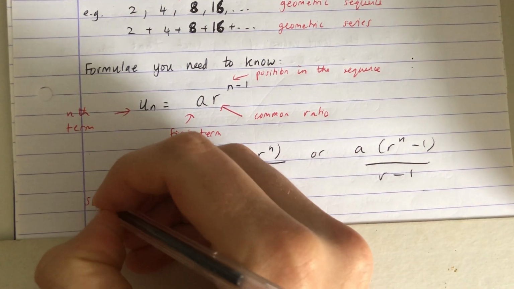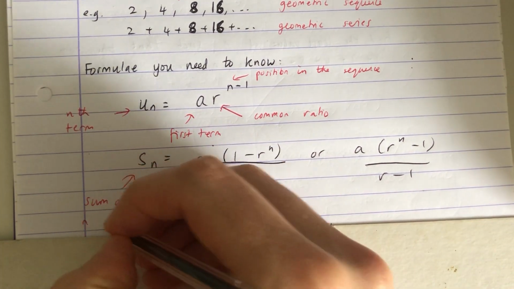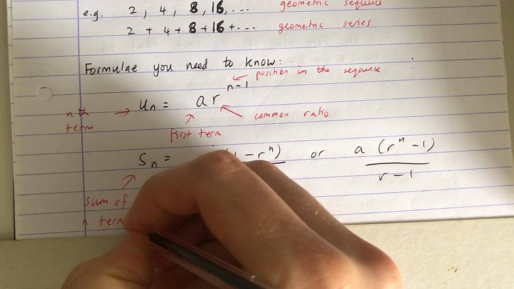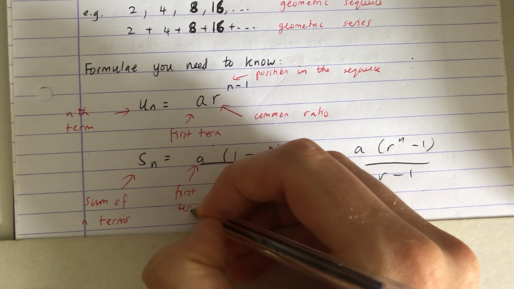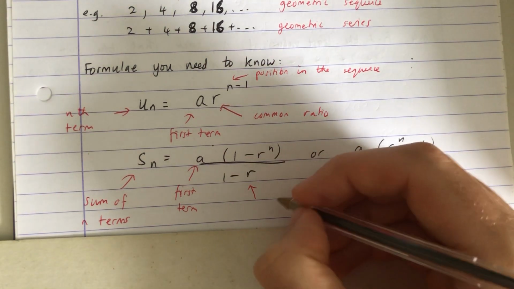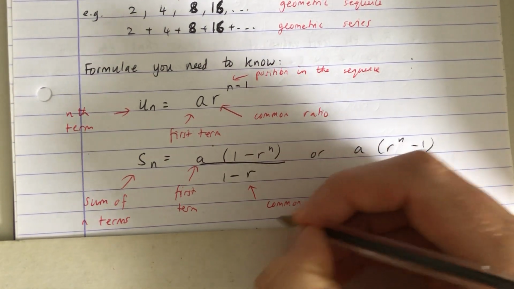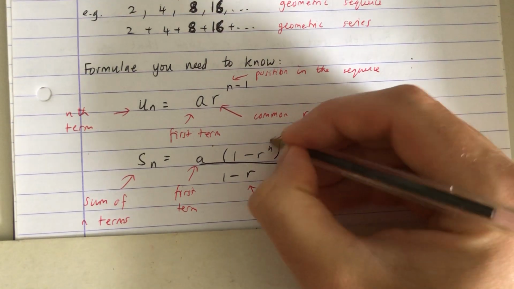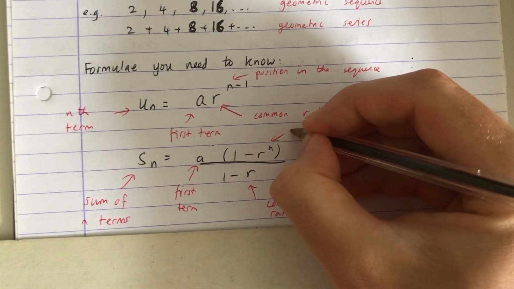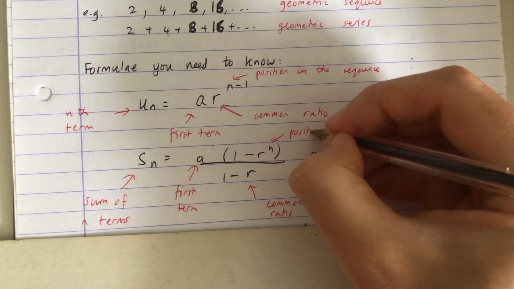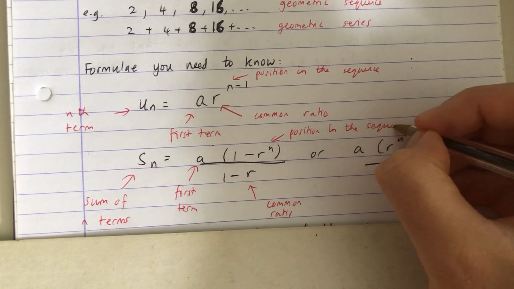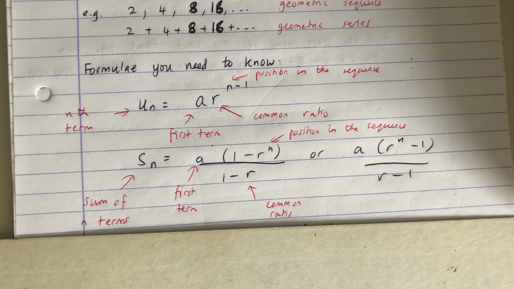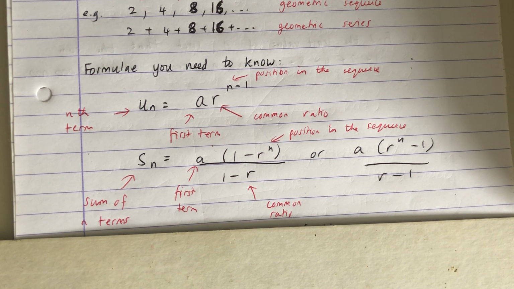So that is the sum of n terms. a is again the first term, r is the common ratio, and n is the position again in the sequence, or guess how many terms you're adding up in this context. Okay, so those formulas you need to know off by heart.